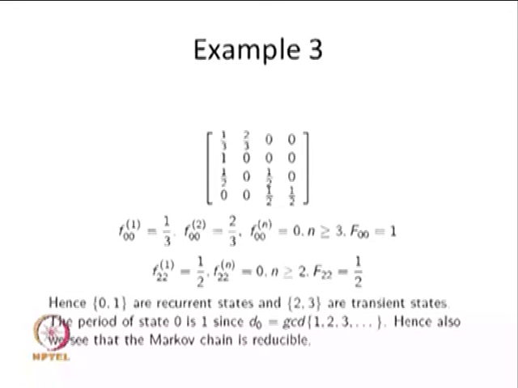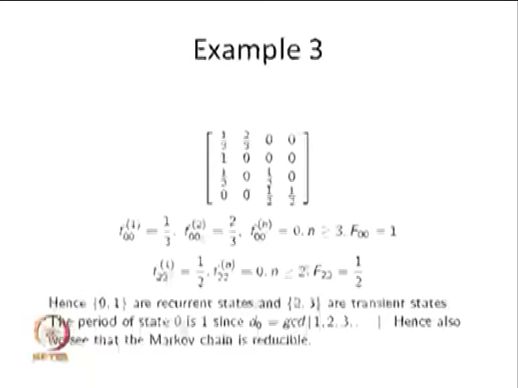Here I will go for 4 states, which consist of states 0, 1, 2 and 3. It is easier to explain through the state transition diagram than the one step transition probability matrix. So, I am just drawing the state transition diagram for this DTMC.